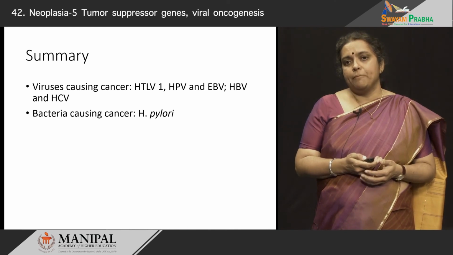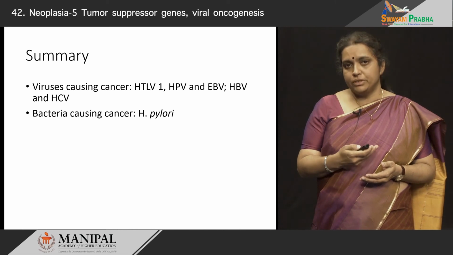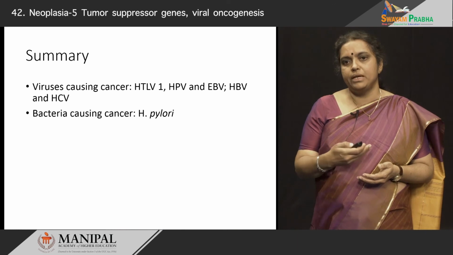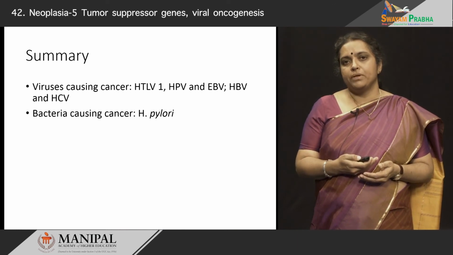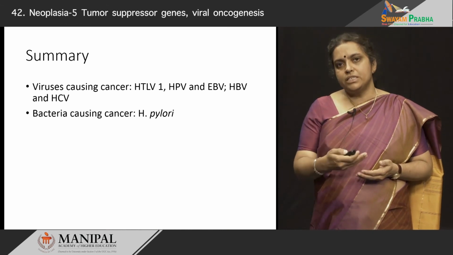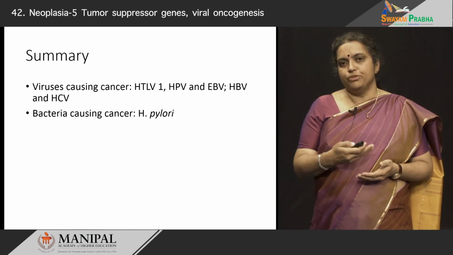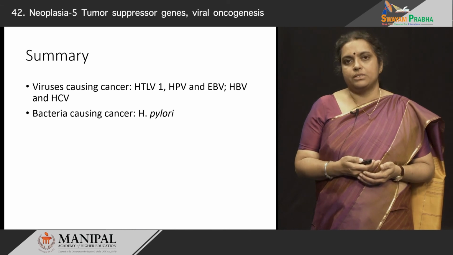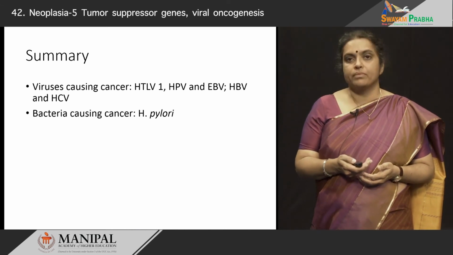HPV involves the binding of the tumor suppressor genes, the E6 and E7, they bind P53 and the RB gene, and EBV causes cancer initially due to polyclonal expansion and additional mutations further causing lymphomas, and HBV and HCV cause hepatocellular carcinoma by an immunologically mediated mechanism. Thank you.